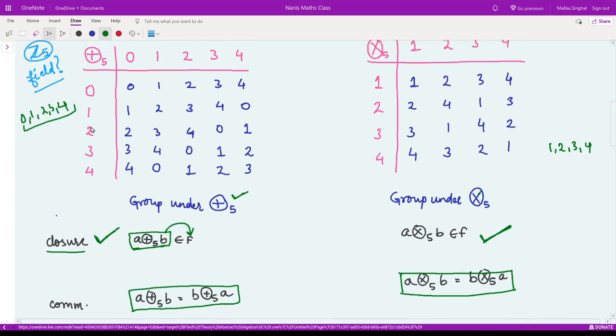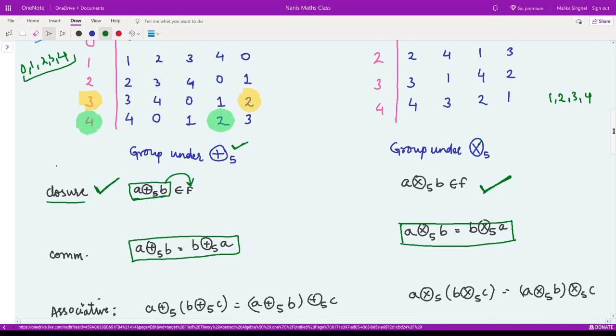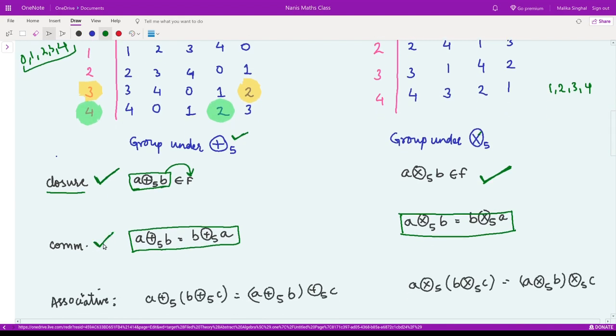If I take a to be 3 and b to be 4, then 3 addition modulo 5 4 would be 2. Now if I check the opposite, taking 4 first and then 3, the result would again be 2. So these two are the same. Likewise, you can check for every number that the commutative property would surely hold. So the commutative property under this operation holds.